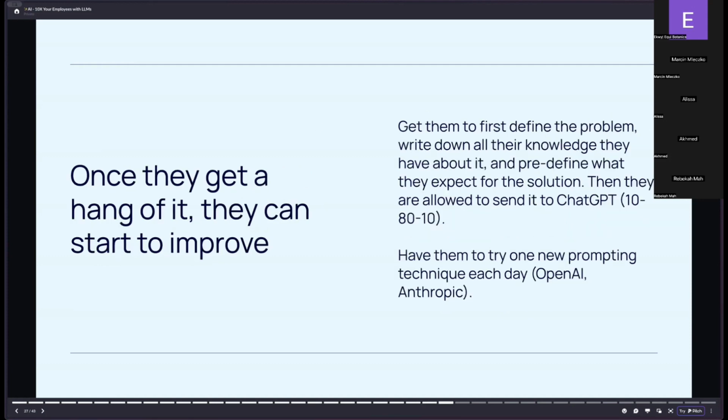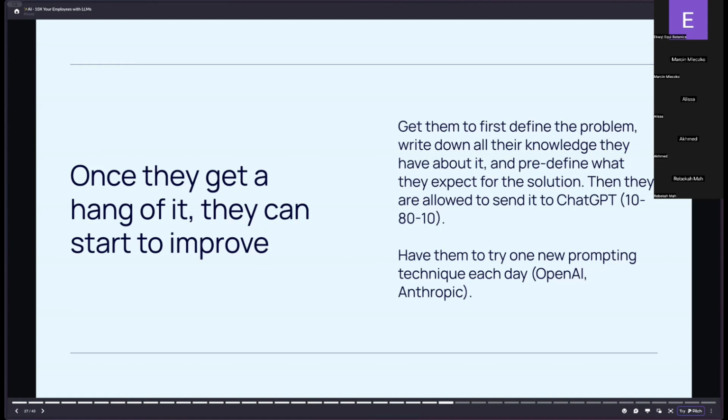And once they get the hang of it, they can start to improve. You first have to get a feel for how it works, what the mechanism is. Then you can start to give them resources at hand, like prompt engineering, which is in the appendix, where they can try different prompts. And then you can push them to do more crazy stuff.